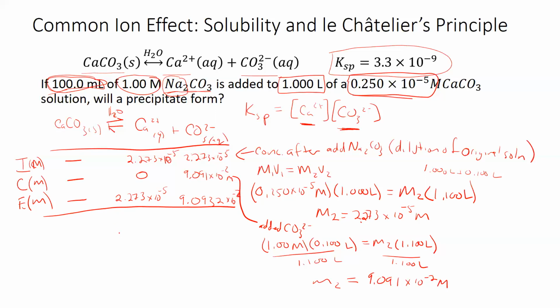And so to do this calculation, all we have to do now is say, okay, well, our QSP will equal 2.273 times 10 to the -5 times 9.0932 times 10 to the -2.